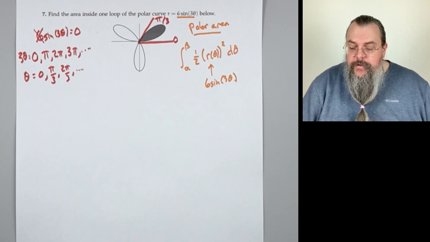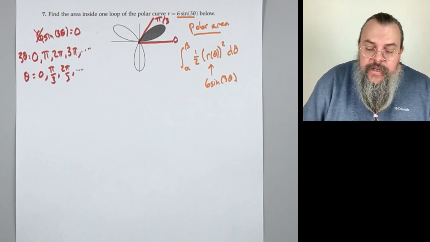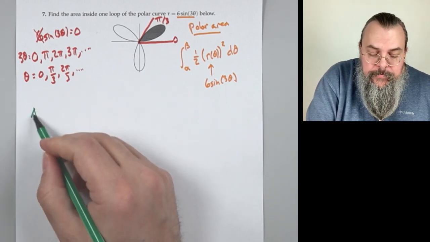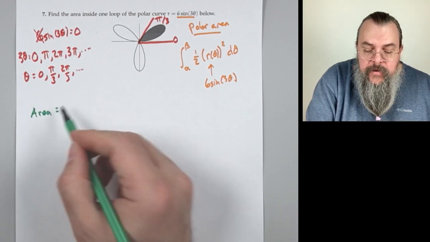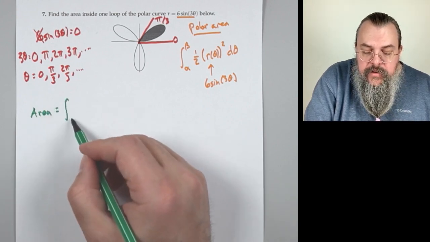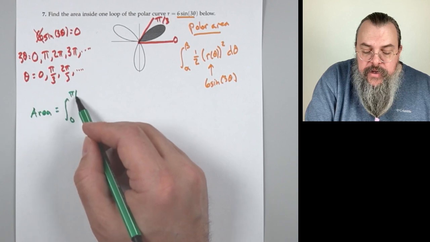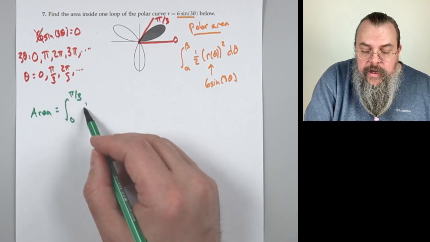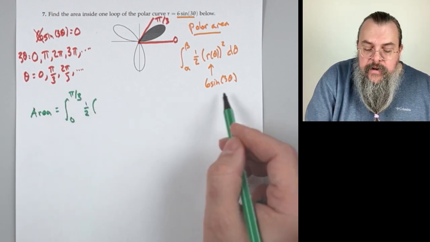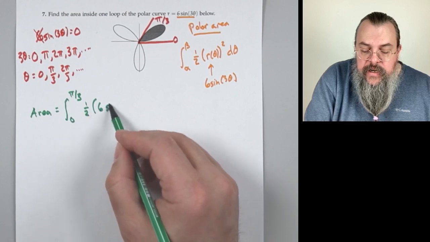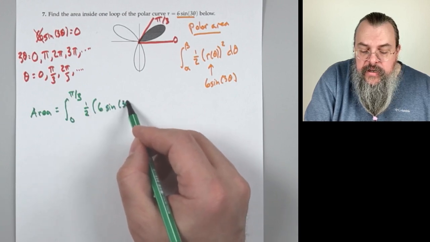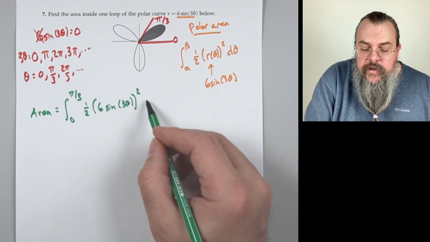So, we now put it in. Say, okay, our area is going to be the integral from 0 up to pi over 3 of 1/2 times r, 6 sine 3 theta, squared d theta.